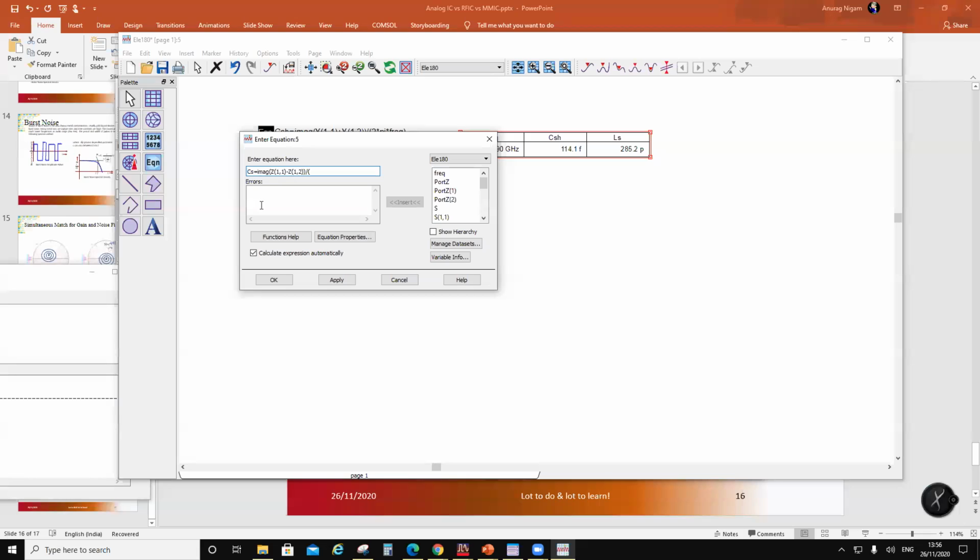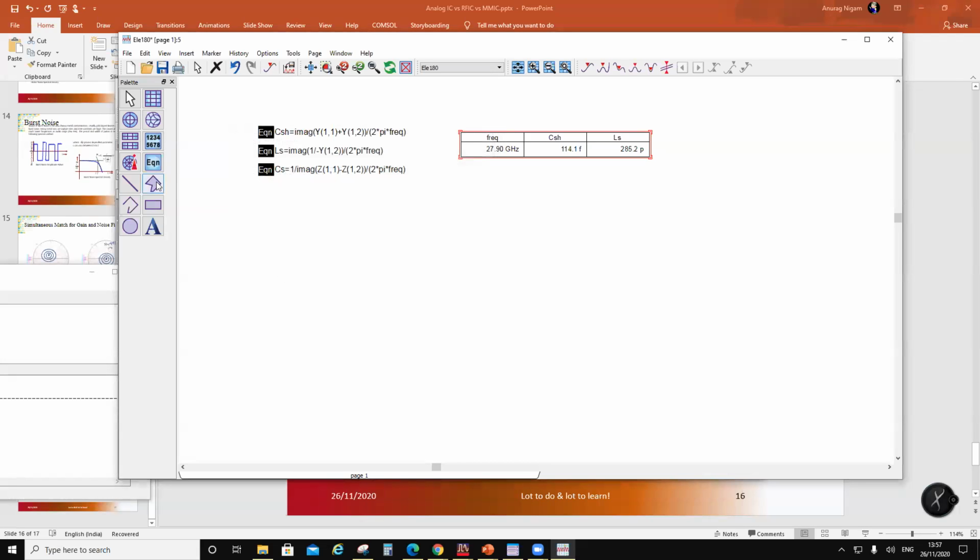Okay, 1 divided by the imaginary of this divided by 2 pi frequency, 2 into pi into frequency, correct? So this will be CS. Okay, and then LS will be Z12 minus LSH.